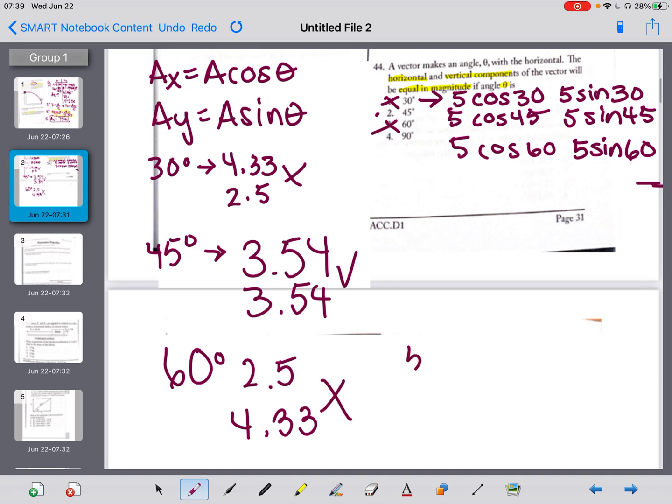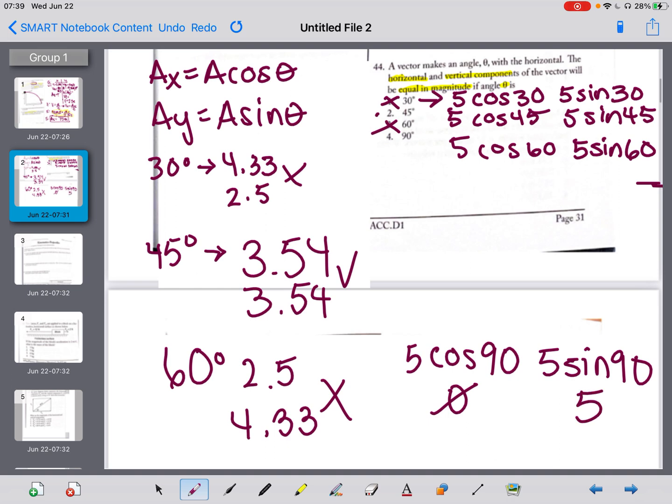So I have 5 cos 90 and 5 sine of 90. 5 cos 90 is 0, and 5 sine of 90 should be 5. So here we see that choice 4 doesn't work, so therefore choice 2 is the answer.